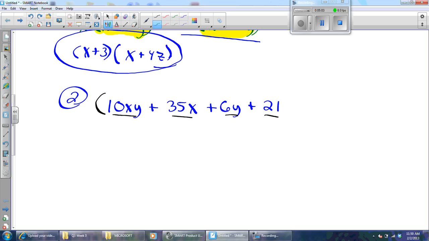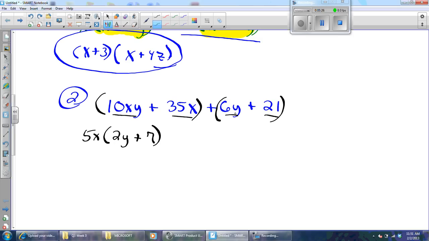So I'm going to group the first two, and I'm going to group the second two. Okay. Now, I'm going to pull out the GCF, which I think would be a 5x, and I'm going to leave behind a 2y plus a 7.